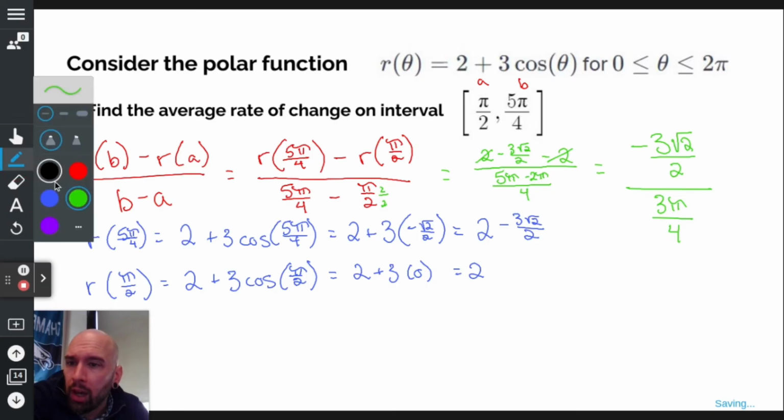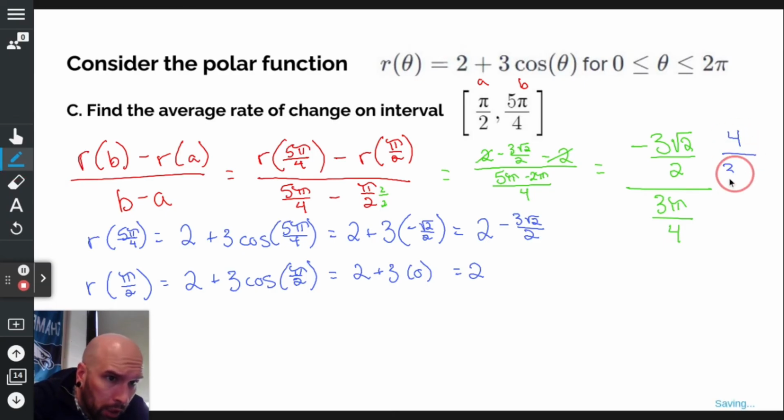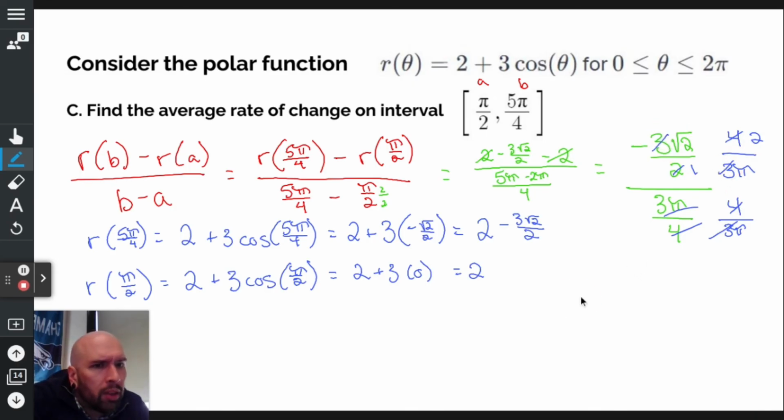Let's multiply the top and the bottom by 4 over 3 pi to get rid of the 3 pi over 4 on the bottom. The 2s simplify out to 1 and 2, the 3s go away, and that leaves me with negative 2 root 2 over pi.